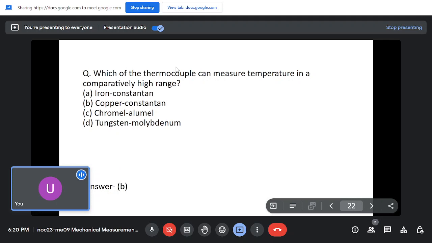So the next one is: which of the thermocouples can measure temperature in a comparatively high range?